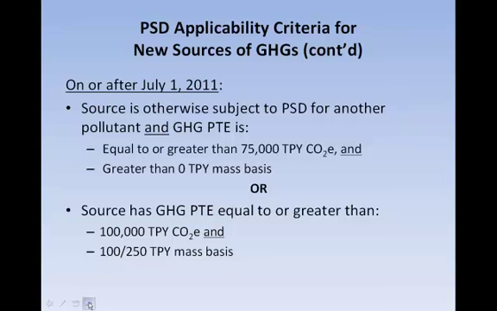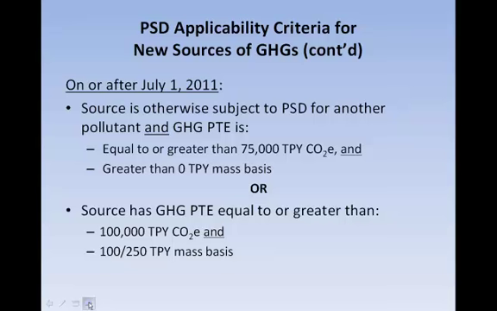For new sources on or after July 1st, 2011, PSD applies to the greenhouse gases if the source is otherwise subject to PSD for another pollutant and the GHG potential to emit is both equal to or greater than 75,000 tons and greater than 0 tons per year on a mass basis.